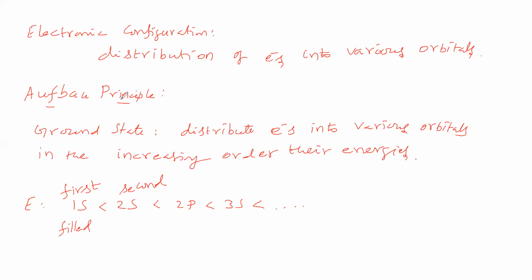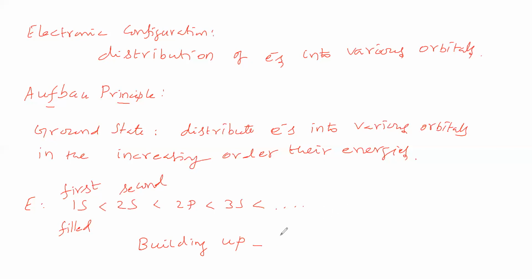So as per the Aufbau principle, the first electrons go to the least energy orbital. After this orbital is filled, the electrons go to 2s, and so on. So the Aufbau principle says how to build up electrons into various orbitals.